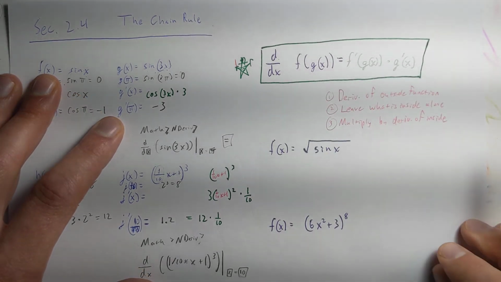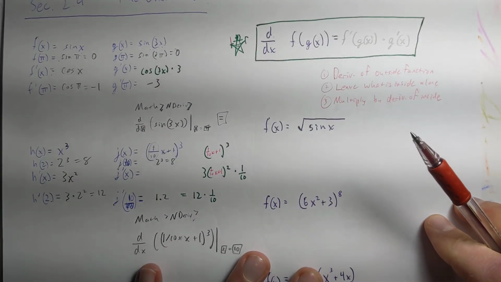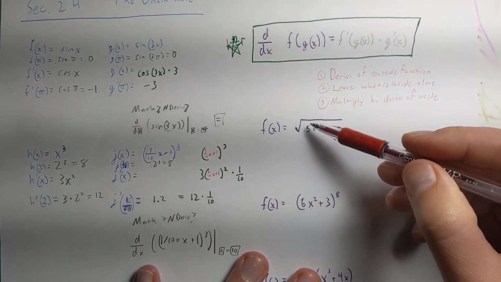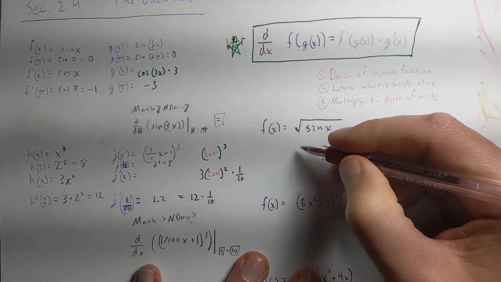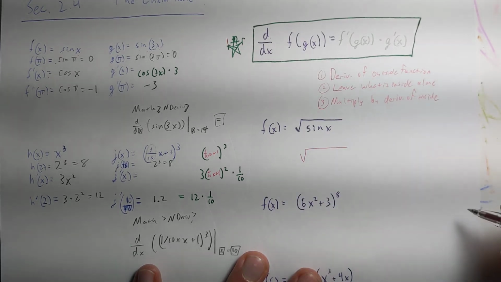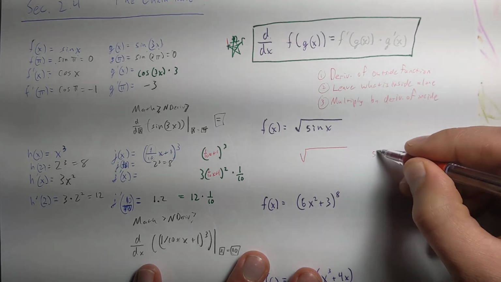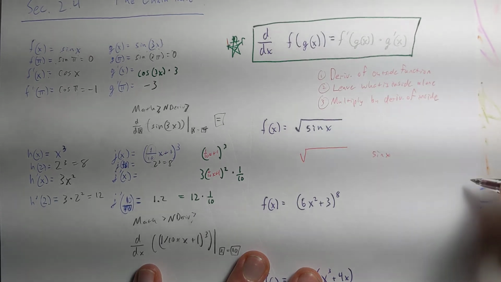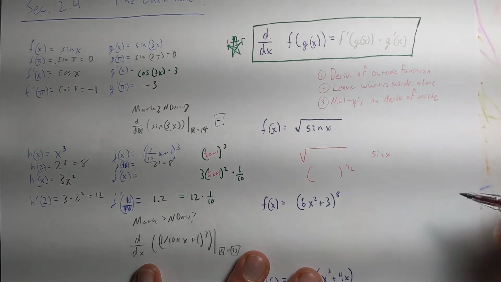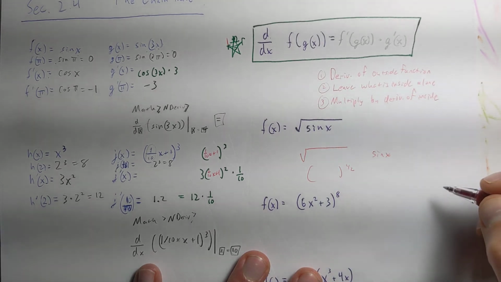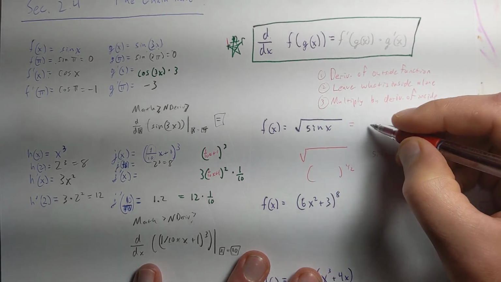So, right here, what we need to do is figure out what is the outside function and what's the inside function. That's all we're doing on these. So what's the outside function for this? Well, the outside function would be the square root function right there. The inside function would be the sine of x. Now remember, the square root is really just something to the 1/2. So if I were deriving this, what's the derivative of something to the 1/2?